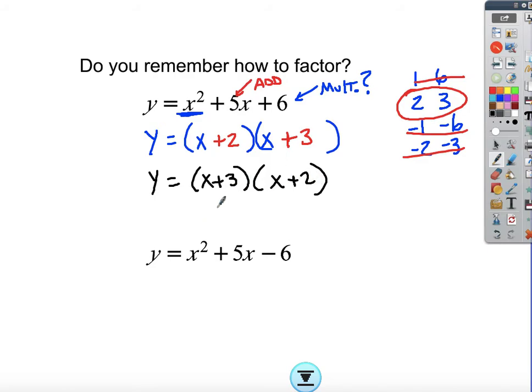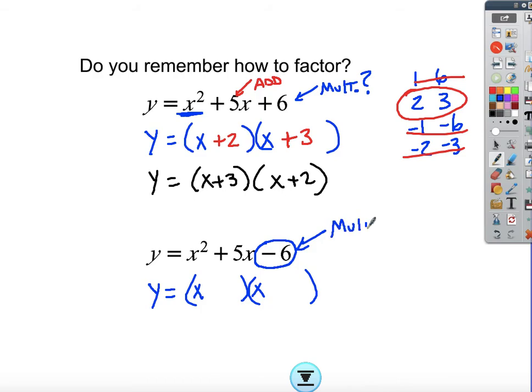So do you see how this problem had a plus 5x plus 6? And this one has a plus 5x minus 6. So it's going to factor a little bit differently. You have to be a little bit careful, because the x's will still be the same, because x times x makes x squared. But we need to multiply to a negative 6.